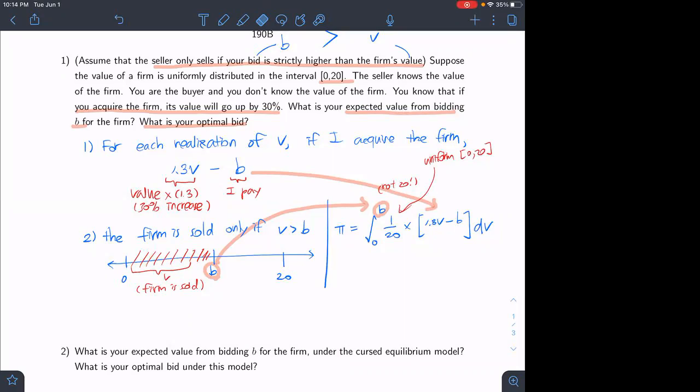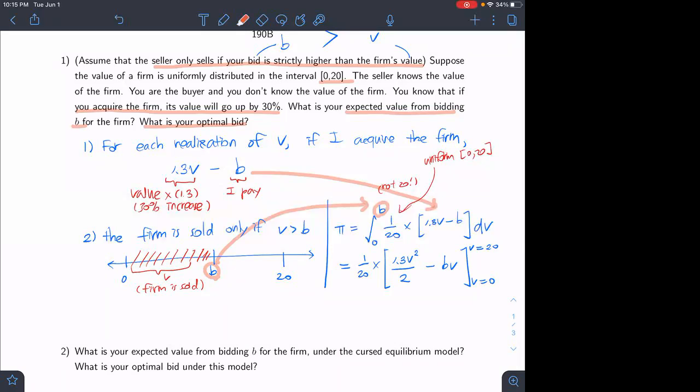Any questions so far? Then the final thing left to do is just integrating this. We have 1/20 here. If I integrate with respect to V, I have 1.3V squared over 2 minus BV. And then the range of this integration is from 0 to 20.